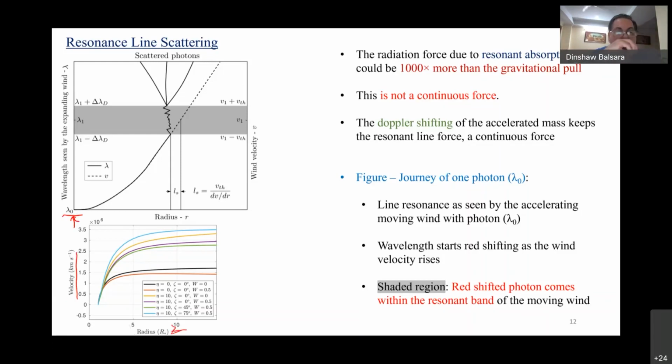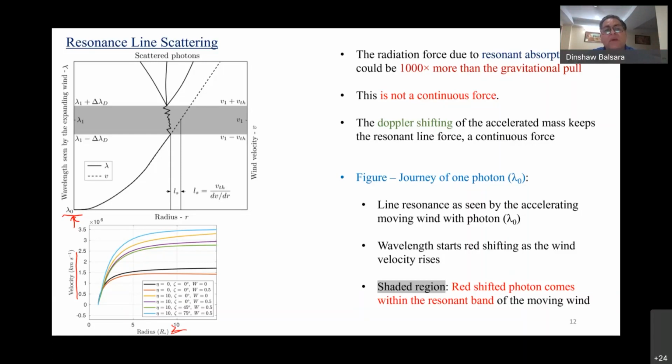If you think about a photon in a certain line profile coming out at the base of the star, namely in the atmosphere of the star, then this photon will not be able to resonantly connect with some portions of the wind, simply because the wind is being Doppler shifted away from the emitted wavelength of the photon.